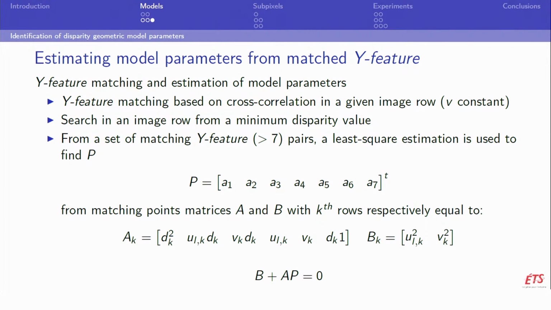So we are using Y feature matching between the Y features detected in the two images, left and right, and then by using the disparity, we obtain the parameters describing that spherical, that quadratic surface describing the back of the eye.